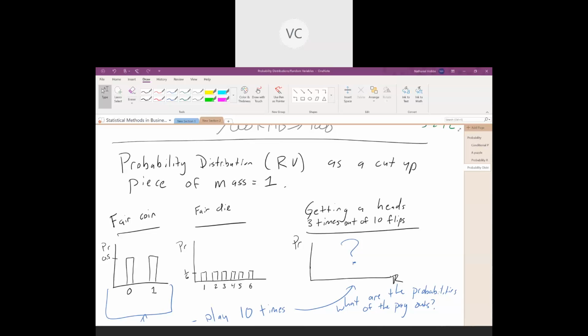Hey, so I just want to know here, where I'm highlighting in green, do you see that? Yeah, the x-axis here. What numbers should I put there? This is with the coin flip, right?